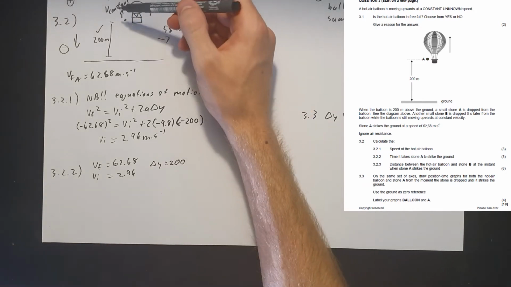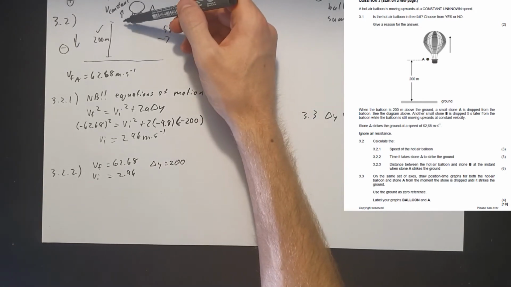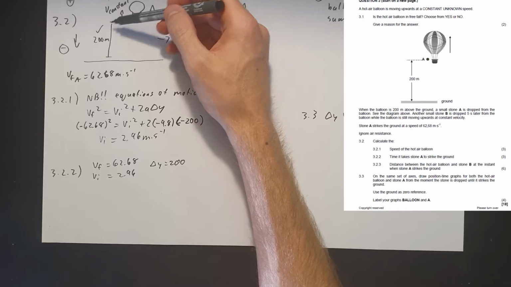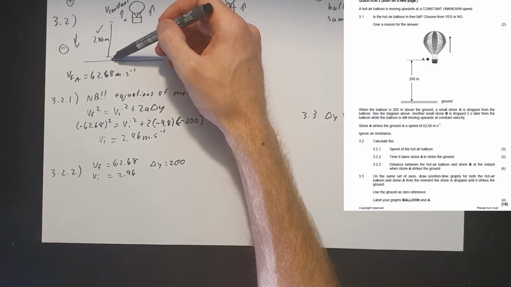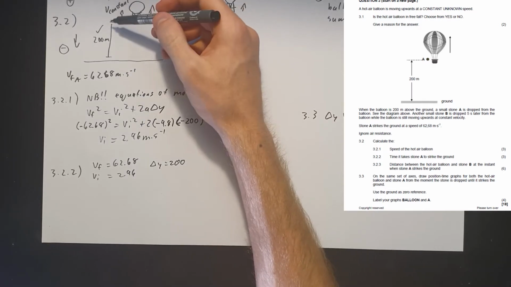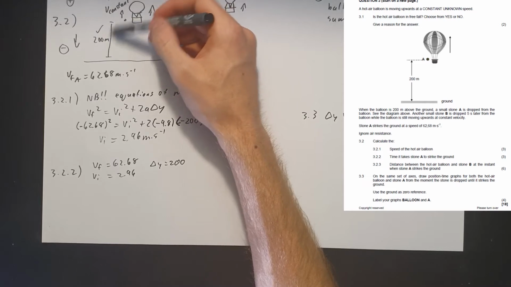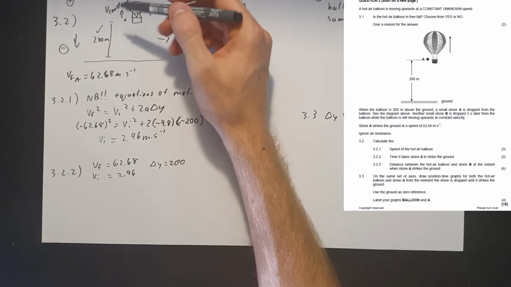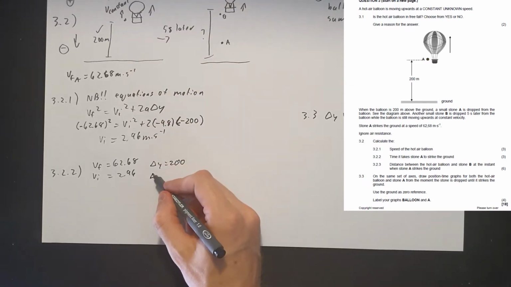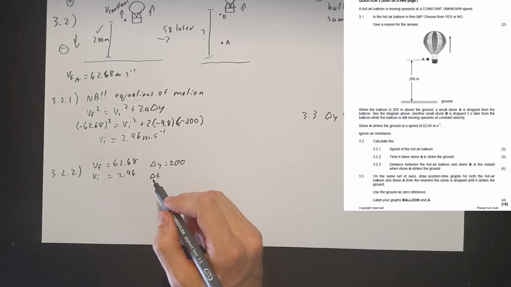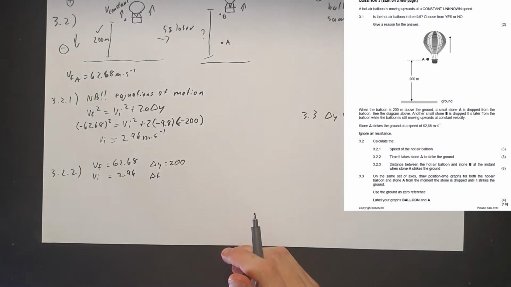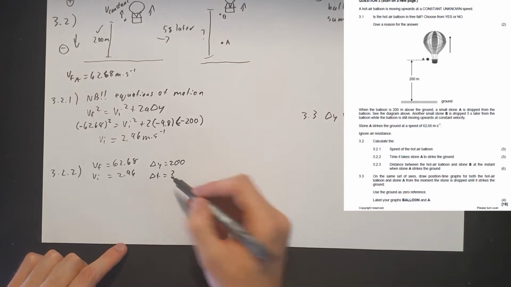We first of all are looking for time. Actually, we could use it, to be honest, because we know the exact height when we drop the stone. But in this case, we're looking for delta t, so we're going to use the following equation because we want delta t.